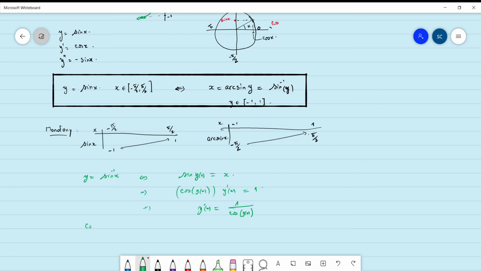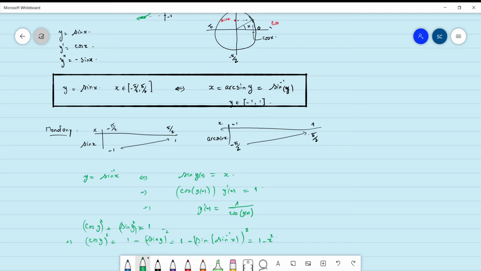We have always cosine y squared plus sine y squared equal 1. So cosine y squared will be 1 minus sine y squared. But what is our y? It is sine minus 1 of x, the inverse function. So it will give me 1 minus x squared.